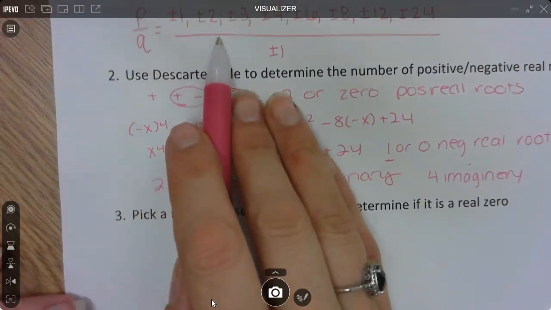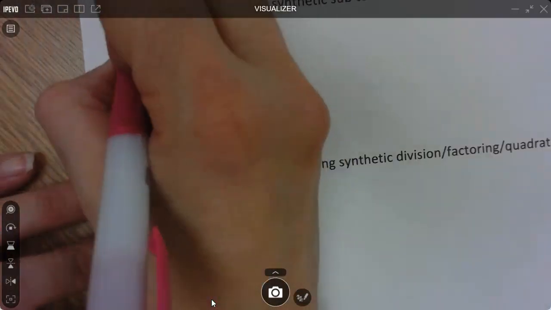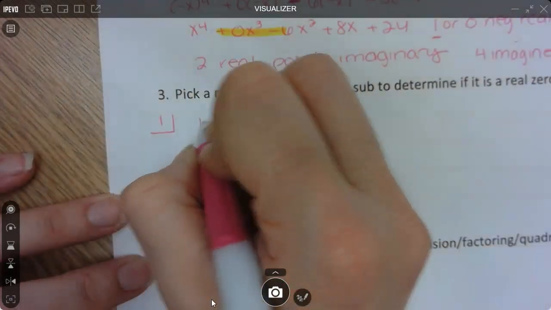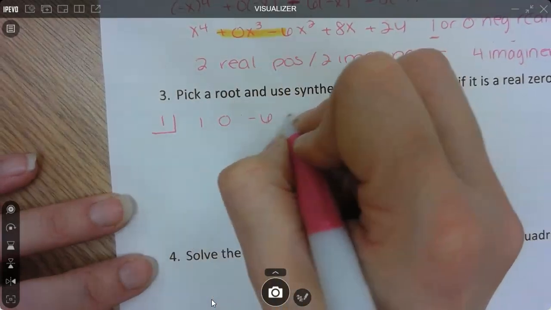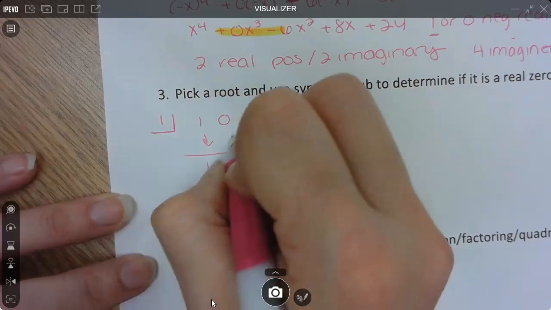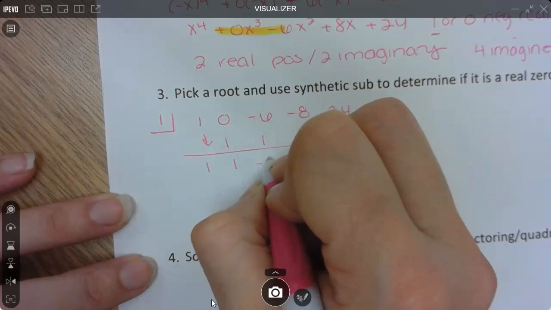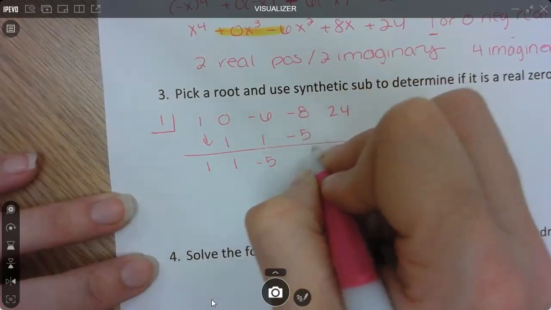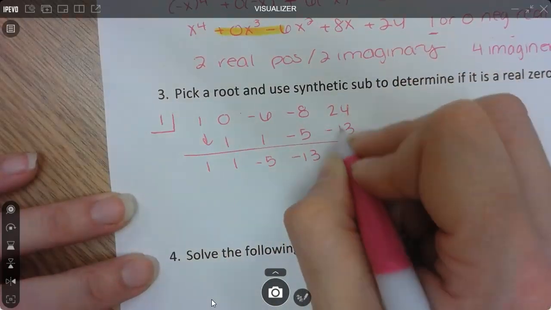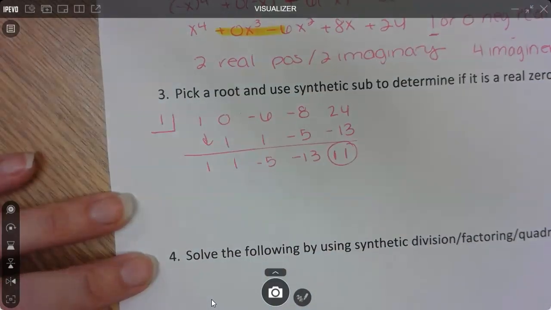So just taking these and taking the positives, we could start with 1. Coefficients go 1, 0, negative 6, negative 8, 24. One does not work.